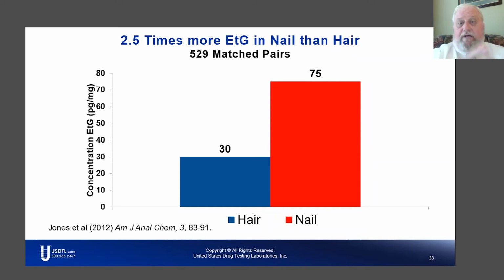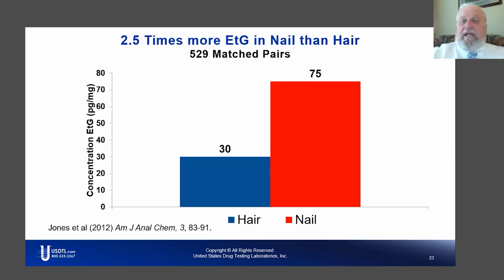What she showed us in that paper was that the fingernail had about 2.5 times the amount of ETG that the hair did. The average nail ETG concentration was 75, whereas the average hair concentration was only 30.